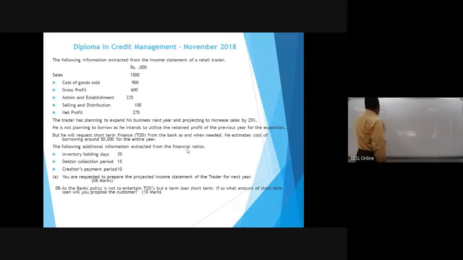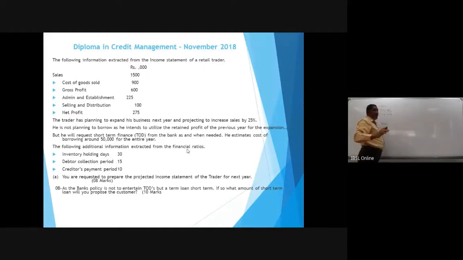Sales will be 1,875. What is the cost of sales? What is the percent relationship here? This is 60% of the sales, and this is 40% of the sales.